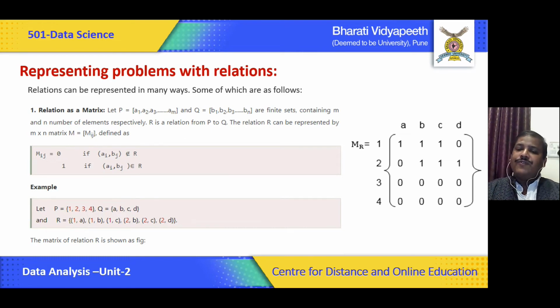We have to find the different paths from one point to another point. At that time we can represent the whole thing as a relational matrix, and we can mention which path has how much weight.